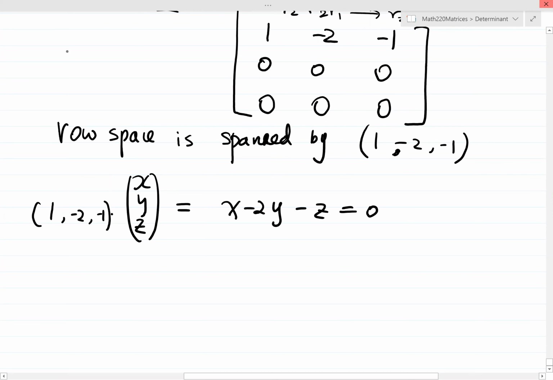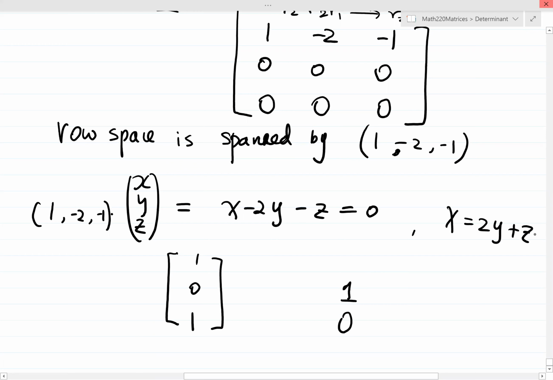For instance, if you let z be 1 and y be 0, you get x is 1. If you let y be 1, z be 0, then you get x is 2. So we have two vectors, v1, v2.